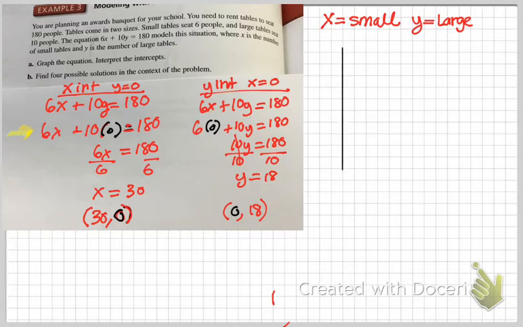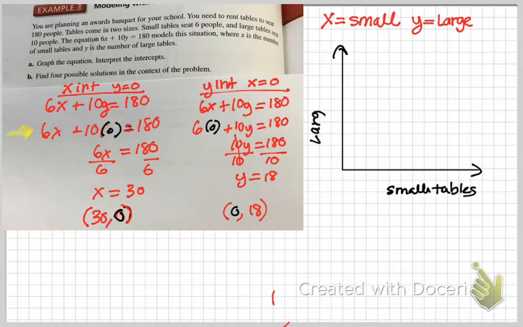So we said x stands for the small tables, and y stands for the large tables. On my x-axis, I have to go all the way up to 30.